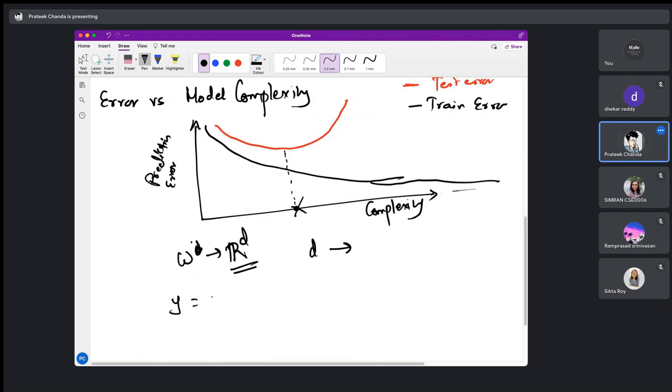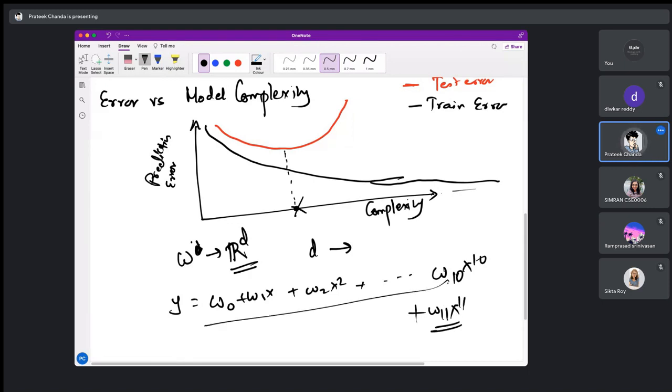If you remember, it was like w0 plus w1 x plus w2 x square, something like this. If this is a model up to w10 x^10, and now I add something like w11 x^11, there is a higher model complexity. Up till w10, this model has a lower complexity than up till w11. So if I start increasing the dimension, then it's a higher model complexity.